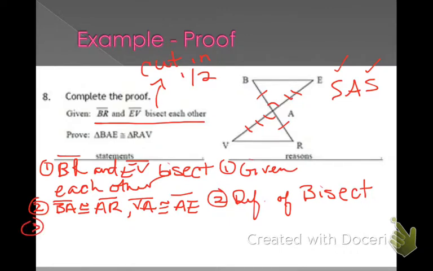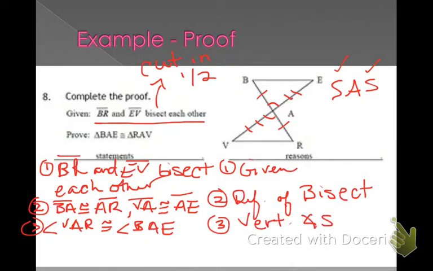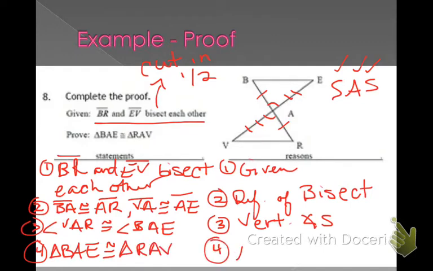So I'm going to use 3-letter angle names. Angle VAR is congruent to angle BAE because they are vertical angles. And so since I have 2 congruent sides and the included angle is congruent, I can say that triangle BAE is congruent to triangle RAV. And I can say that by the side angle side theorem.